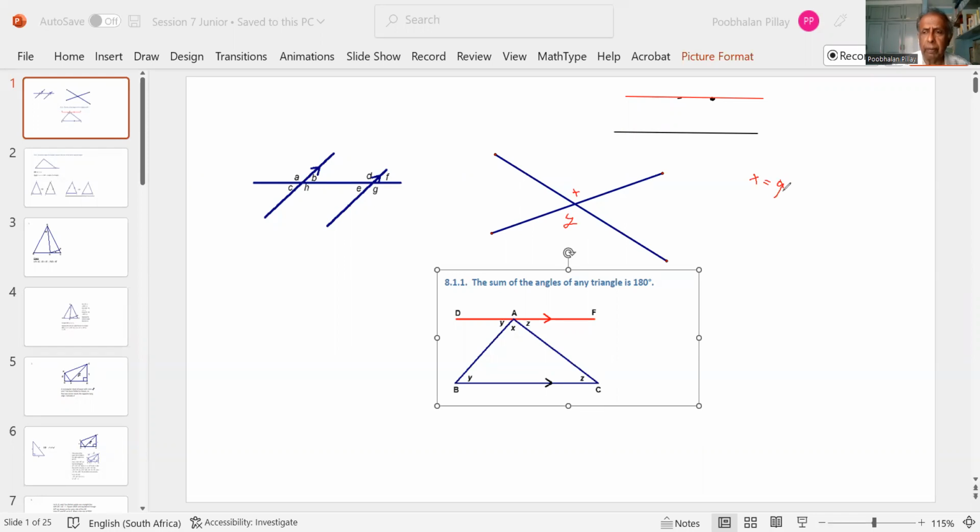A very quick way of realizing it is that take one of those angles there, and you can see quickly that x plus z is 180 degrees because these 2 angles lie on a straight line, that one and that one. And likewise, y and z lie on a straight line, and y plus z is also 180 degrees.